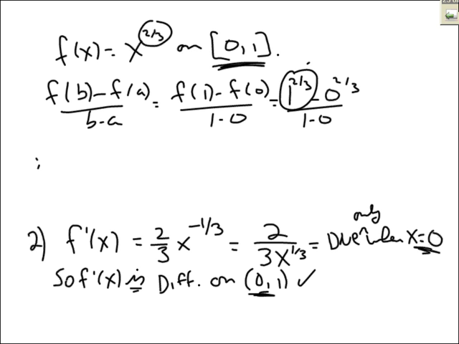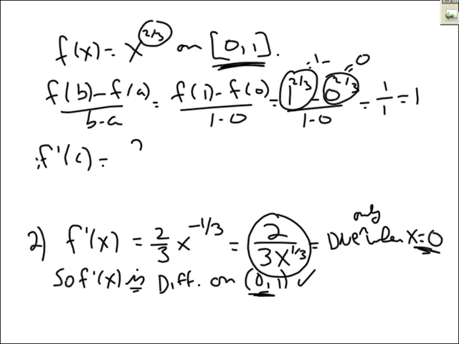Well, 1 to any power is 1, and 0 to any power other than 0 is 0. So 1 minus 0 is 1, over 1 minus 0 is 1, we get 1. So we want the derivative at c to equal 1.